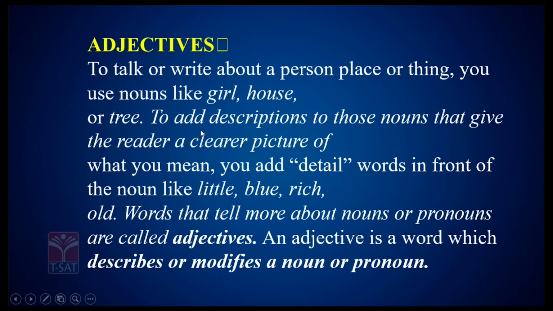But to add descriptions to those nouns that give the reader a clear picture of what you mean, you add detailed words in front of the noun like little, blue, rich, old, fast, etc. So, words that tell more about nouns or pronouns are called adjectives.